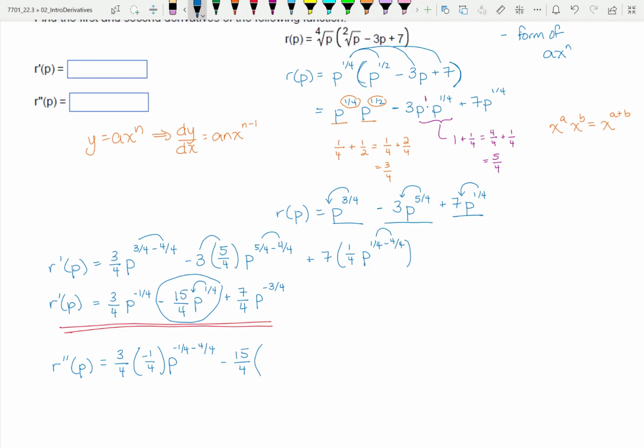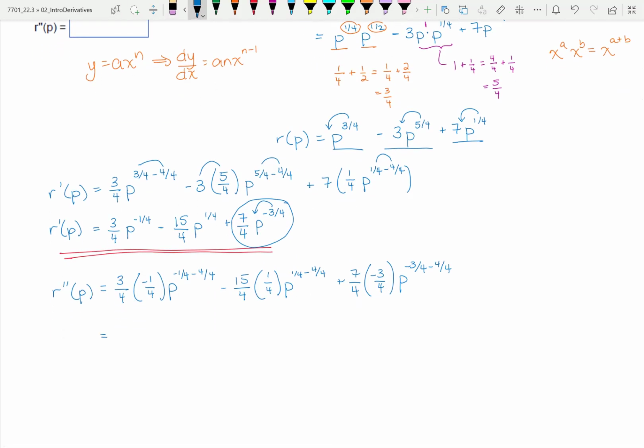Pulling back that exponent times 1/4, p to the power of 1/4 minus 4/4. Now looking at our last term here, 7/4 is our coefficient, just goes along for the ride. Pull back the exponent, negative 3/4, p to the power of negative 3/4 minus 1, or minus 4/4.